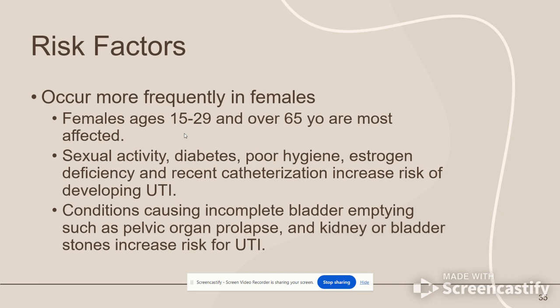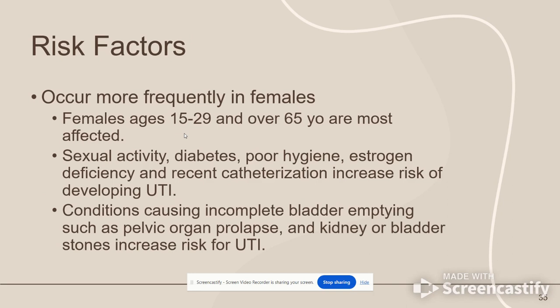So risk factors. It occurs more frequently in females, and that is just because we have a shorter urinary tract. Females ages 15 to 29, and especially those over 65, are way more affected. It can be because of sexual activity, diabetes, poor hygiene, estrogen deficiency, recent catheterization.